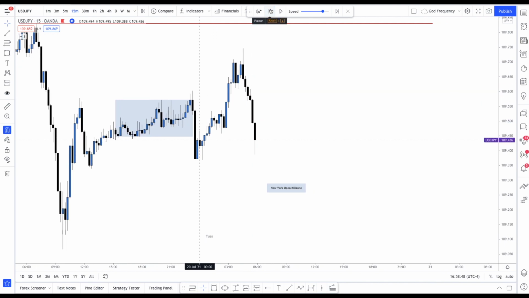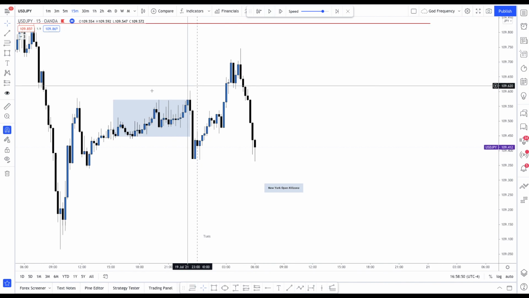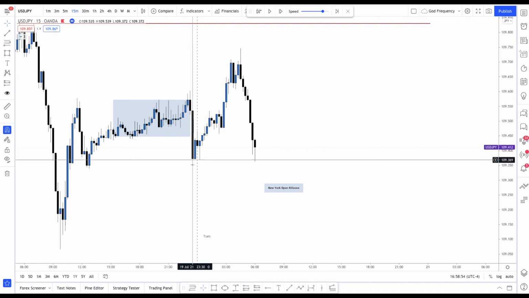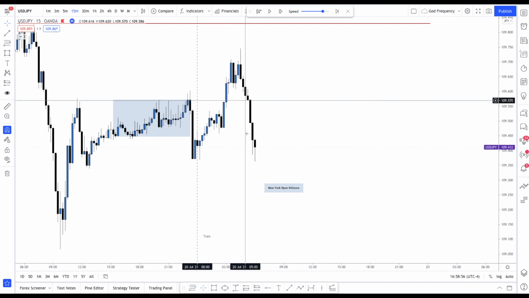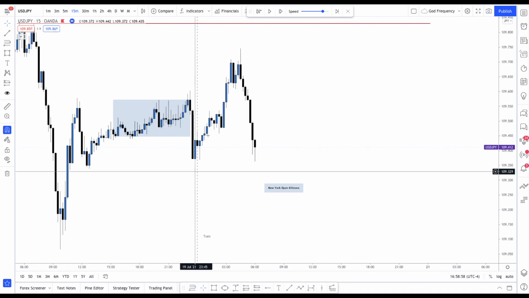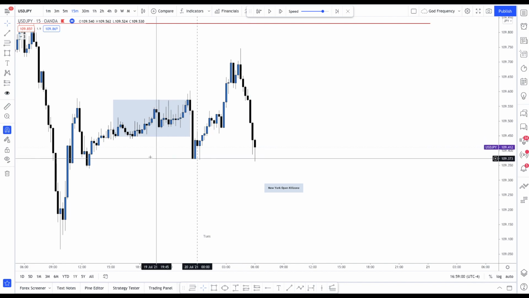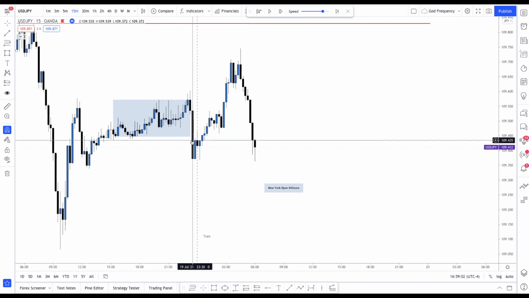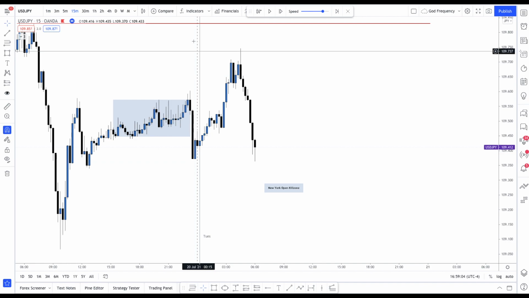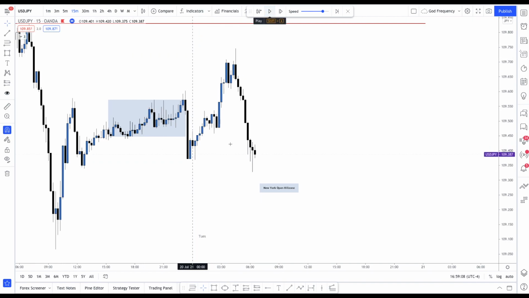It looked like it wanted to reach up. We know it did take out the Asian high, and now it looks like it's coming for that delayed protraction during New York to take out the Asian low. So we're just going to play this out. It takes out the Asian low.